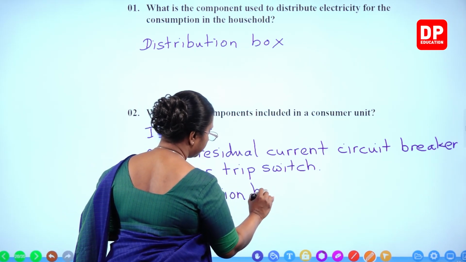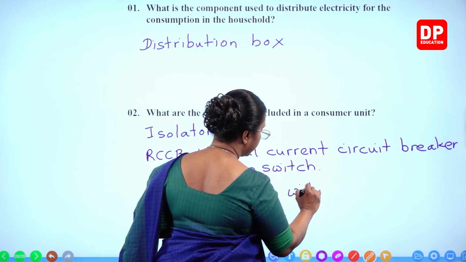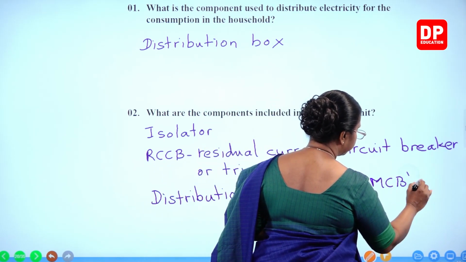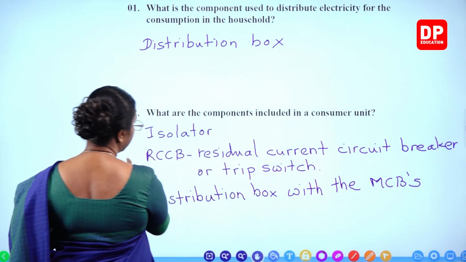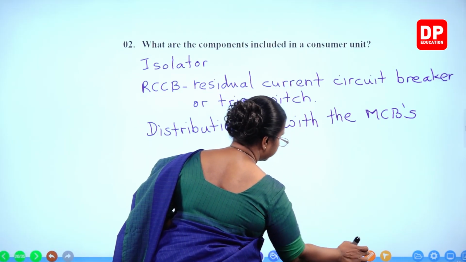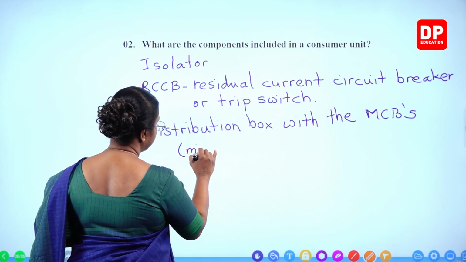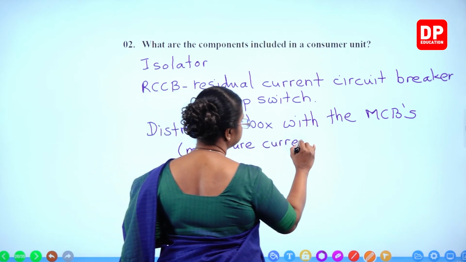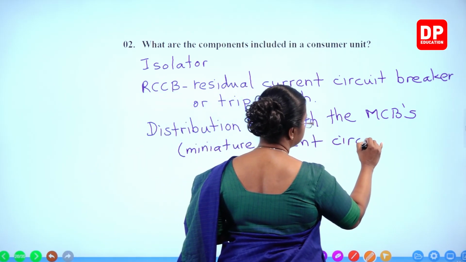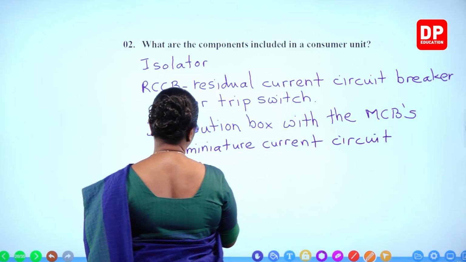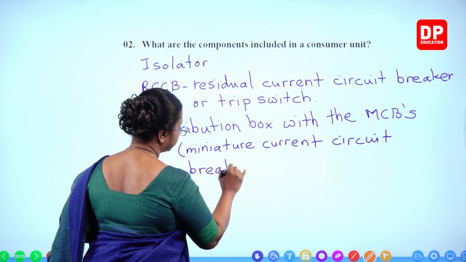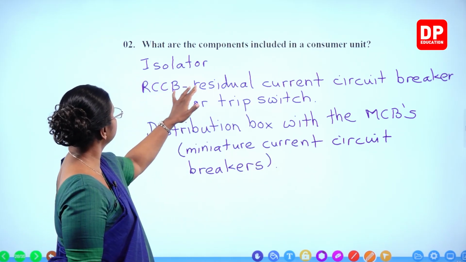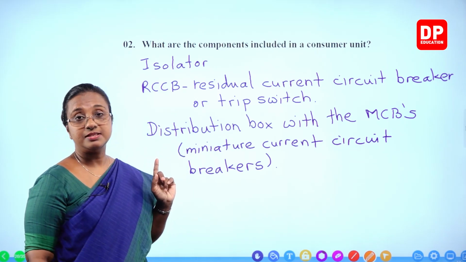Distribution box with the MCBs. That is miniature current circuit breakers. So when you are writing the answer, students, you can simply say isolator, RCCB and distribution box.